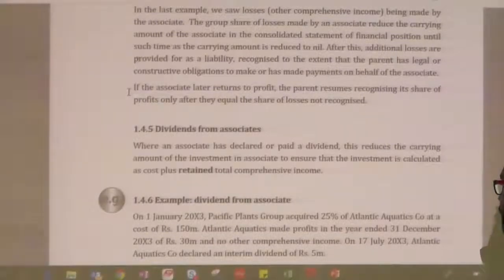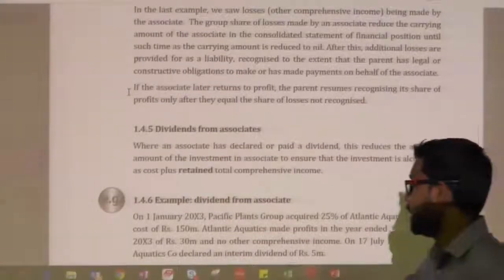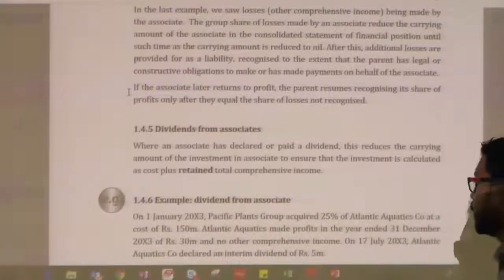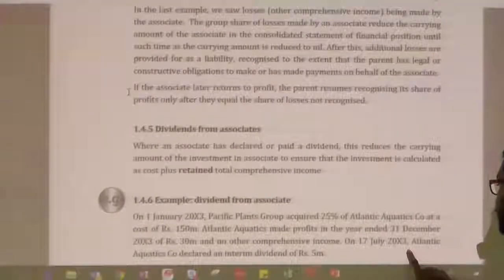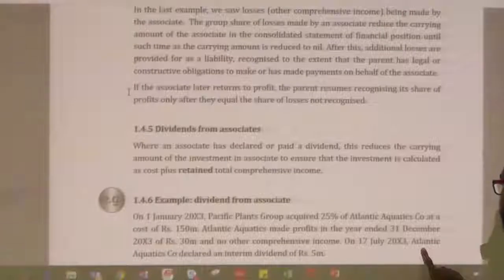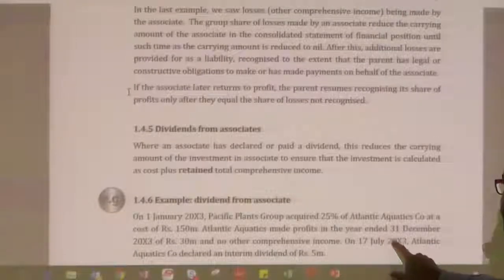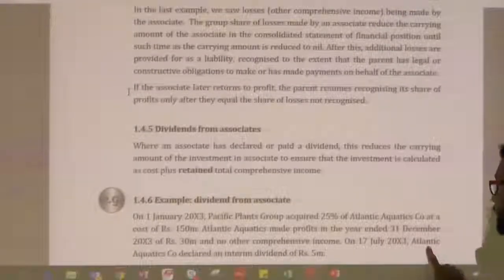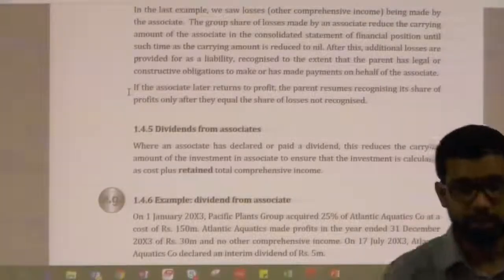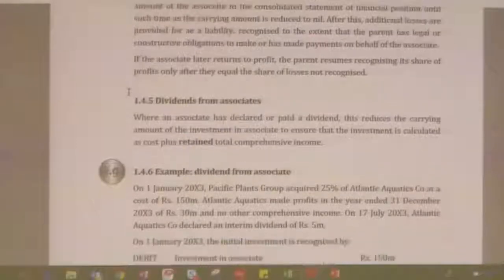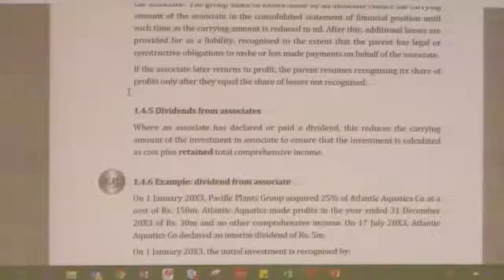Atlantic Aquatics made a profit of 30 million in the year ended 31st December 2013, and no other comprehensive income. On July 2013, after 6 months from the date of acquisition, Atlantic Aquatic declared an interim dividend of 5 million. Now we have to consider the equity method of accounting here.